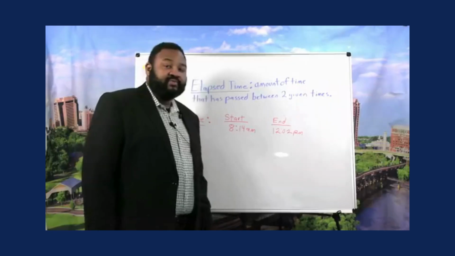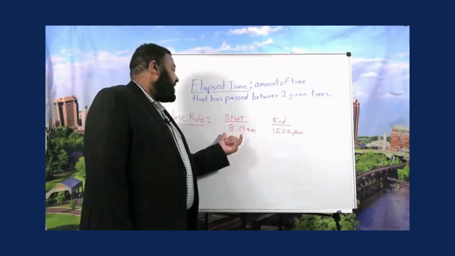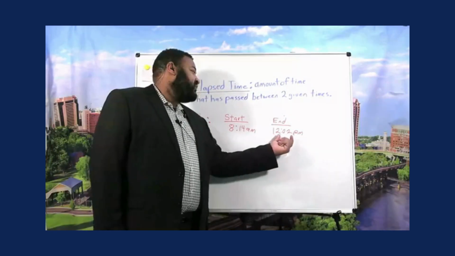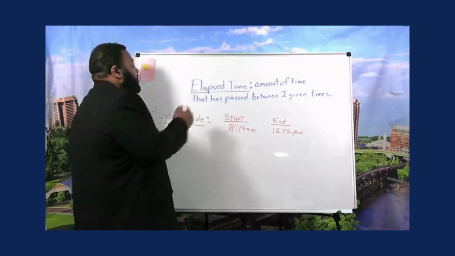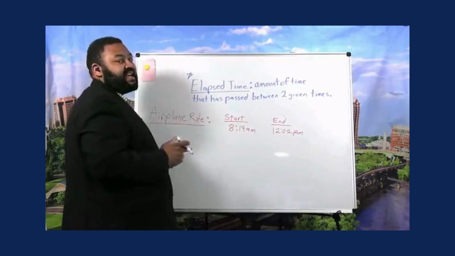If you're taking notes, please write this down for me. 8:14 a.m. to 12:02 p.m. This is a flight time. And what are we looking for? We're looking for the elapsed time.